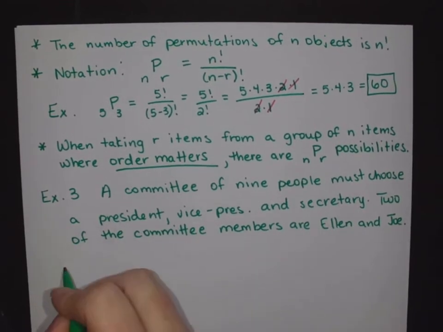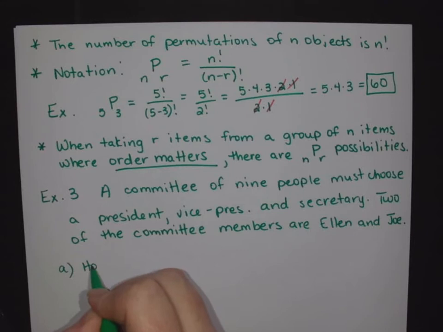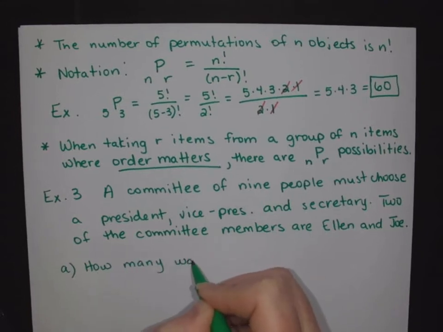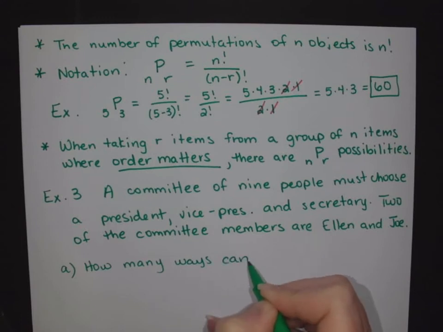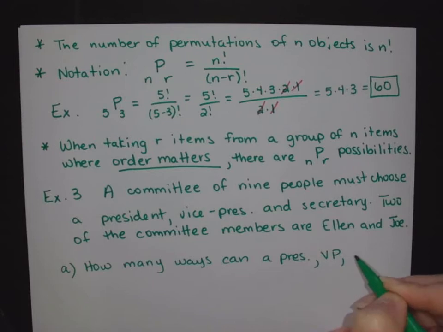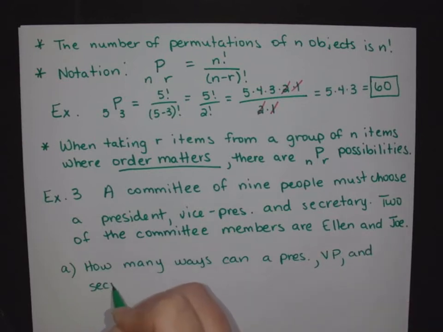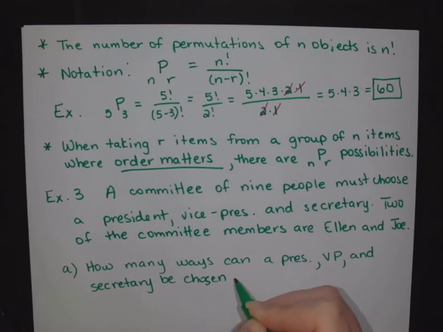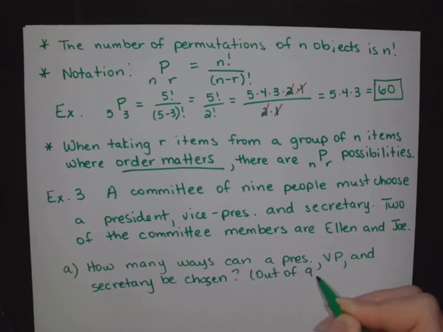Okay, so the first question is, how many ways can a president, vice president, and secretary be chosen? In other words, out of 9, we want to pick 3 people.